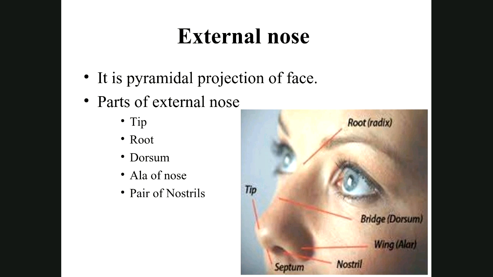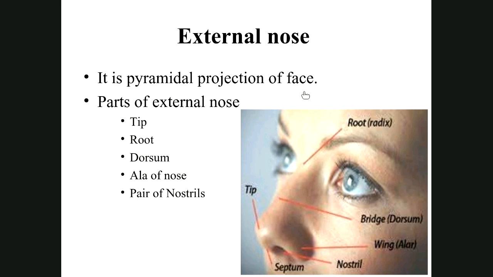Now, the external part. What is the external part of the respiration? The outer organ of respiration is the nose. It is the pyramidal projection of the face.